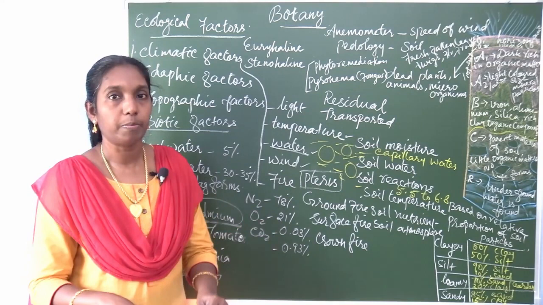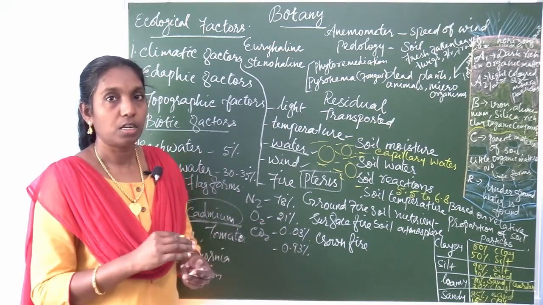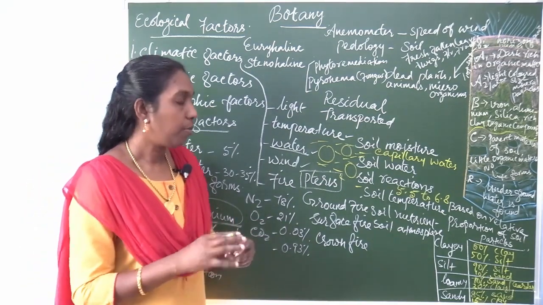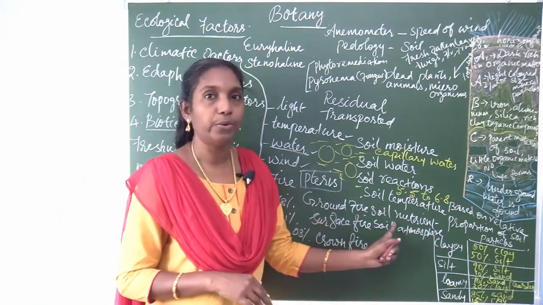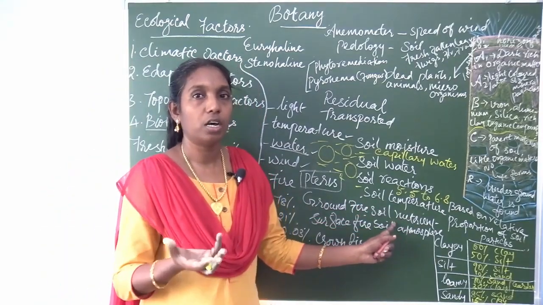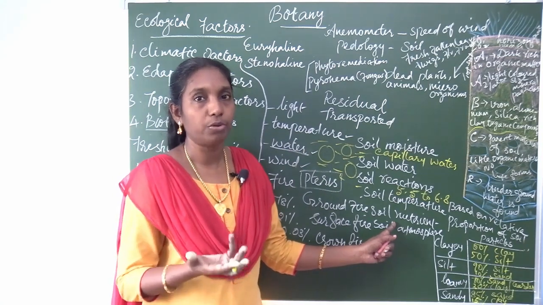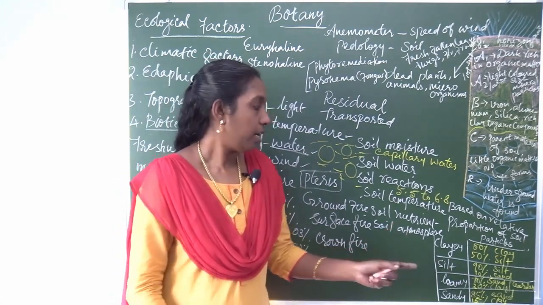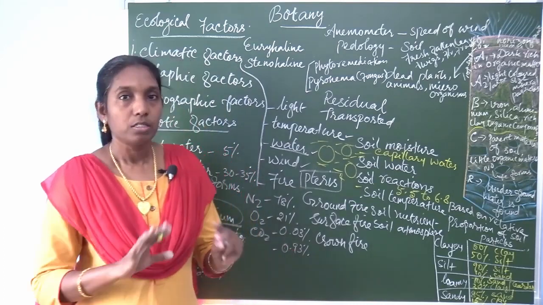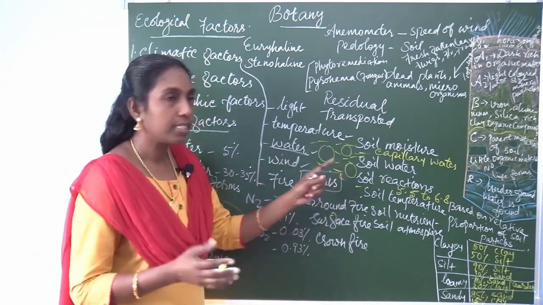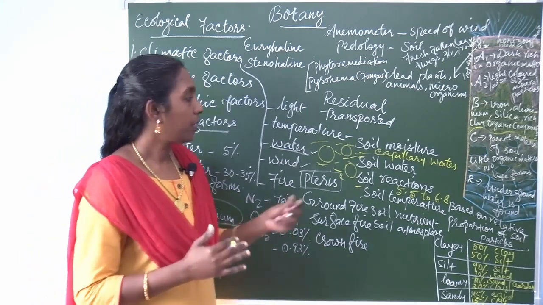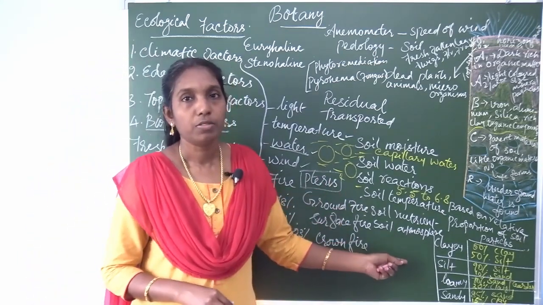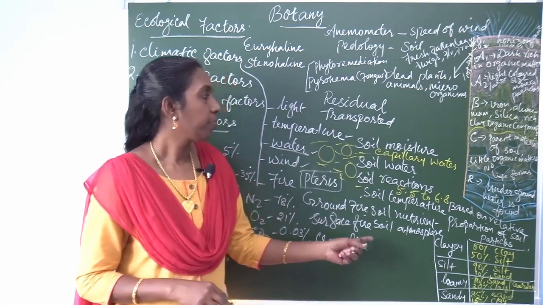All the minerals are present in the soil as micronutrients and macronutrients. If the soil is rich in nutrients, it allows plants to grow very well. And soil atmosphere: in between the soil particles there are gases, oxygen and carbon dioxide, which maintain the atmosphere of the soil.